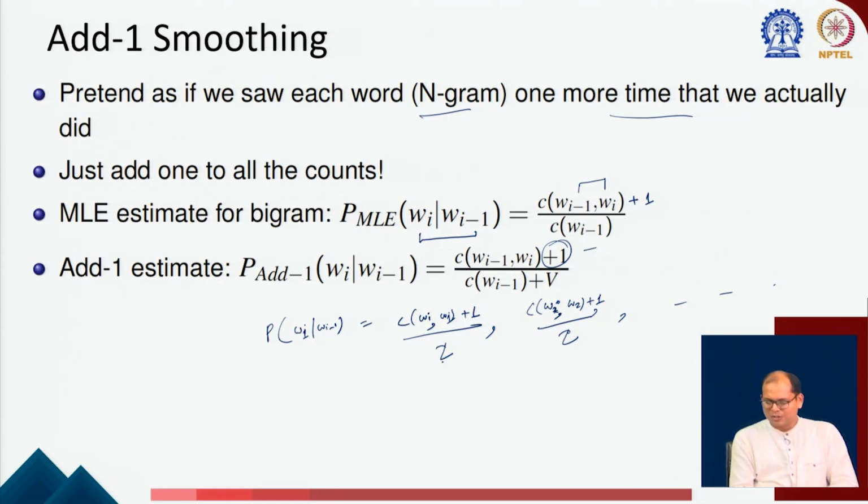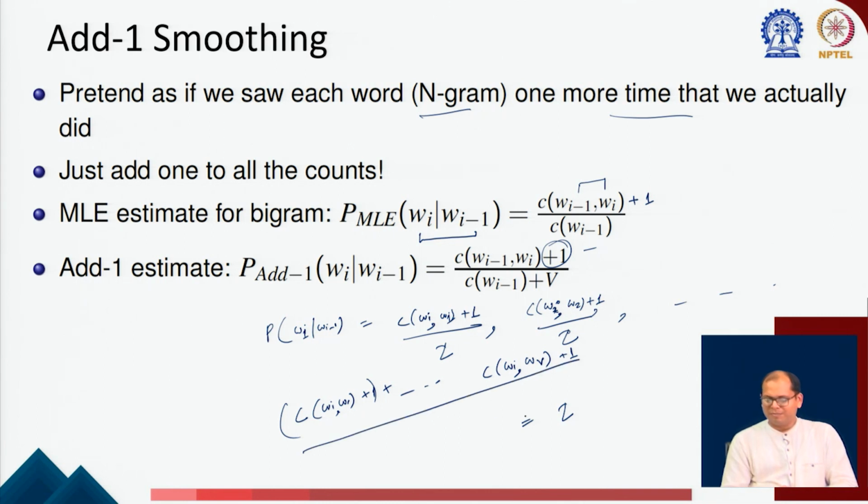So if you add count of wi minus 1 w1 plus 1 up to count of wi minus 1 followed by the last word wV plus 1, it should still give me the same thing that I had earlier, count of wi minus 1 divided by count of wi minus 1. So they should still be the same, okay?